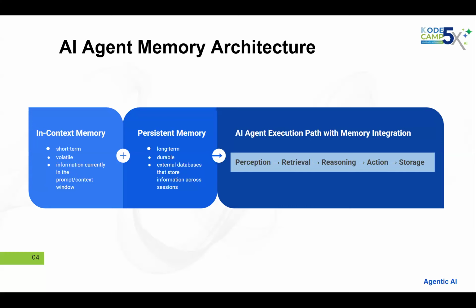Then there's persistent memory, which is long-term and durable. It stays. That information is available for multiple turns. A turn is like a user prompt and an LLM response, or a user prompt, a call, and an LLM response.